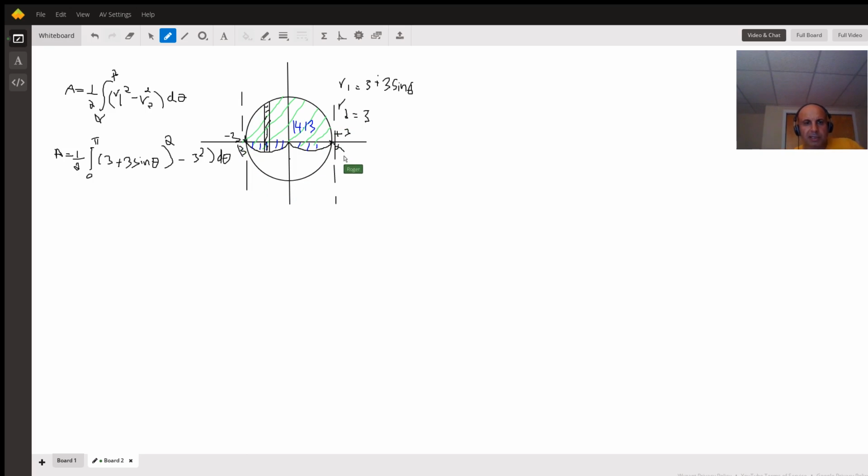These are the bounds of integration. So now we just do the integration.